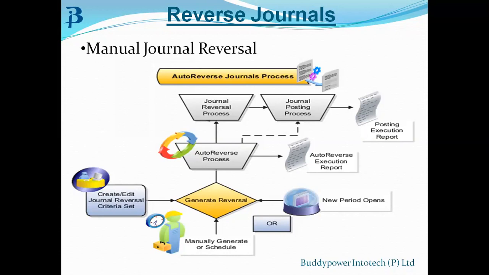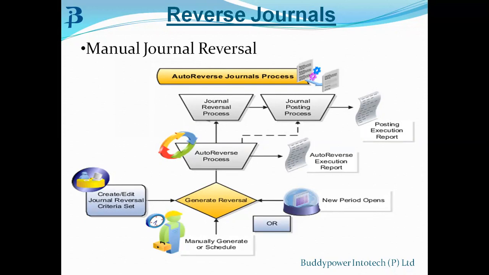After the period is opened, the person enables launch auto reverse. Then you can have the journal reversals automatically generated when an accounting period is opened for the ledger.